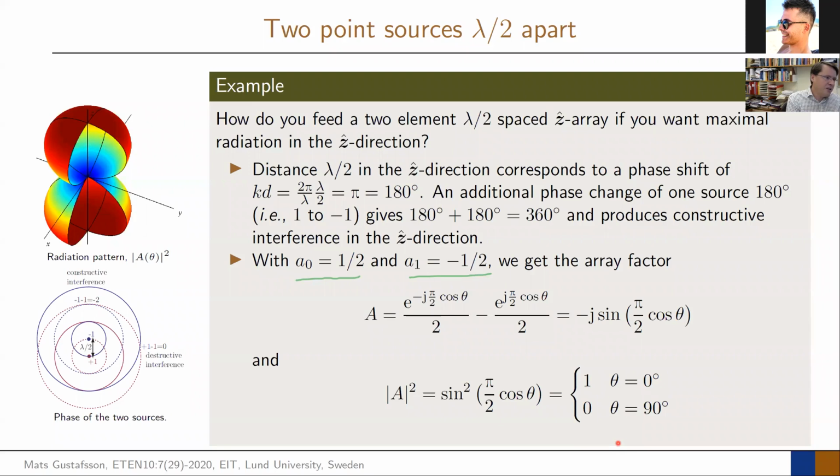And by sending in a different phase, you can change the radiation pattern from going in this direction to suddenly go in that direction. You can control where you beam. And that means that you change the phase, because the phase you send to the element is added to this distance in the direction you are looking. And you have to take care of both. Then you get the total array factor, which then gives you a radiation pattern that comes out.